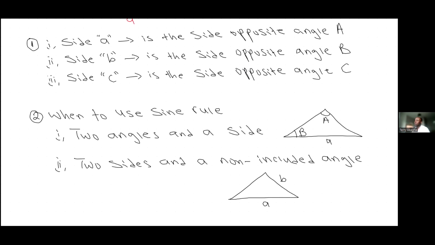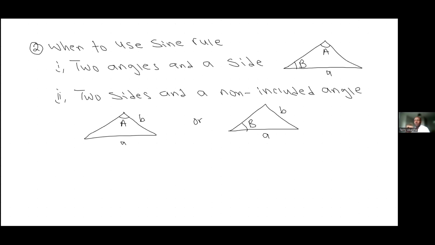Let's say this is angle B. Or you could have the same two sides, B and A, but with the angle here opposite A. So technically, you're not going to have the included angle. Combining both the first and second points, we can say that we need to know one side and its opposite angle.